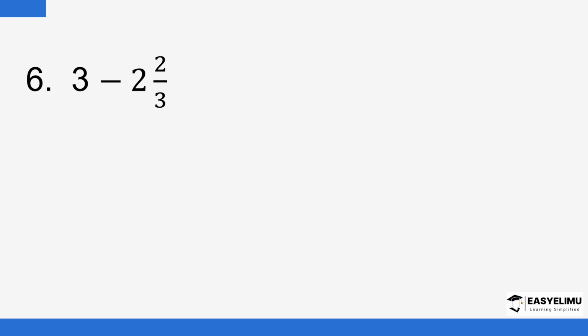Now we have number 6 here. You can see now this is a whole number and the other one is a mixed number. So you can just subtract 2 and then you subtract 2 over 3. What I mean is we are supposed to subtract 2 and 2 over 3, so you can subtract it twice.